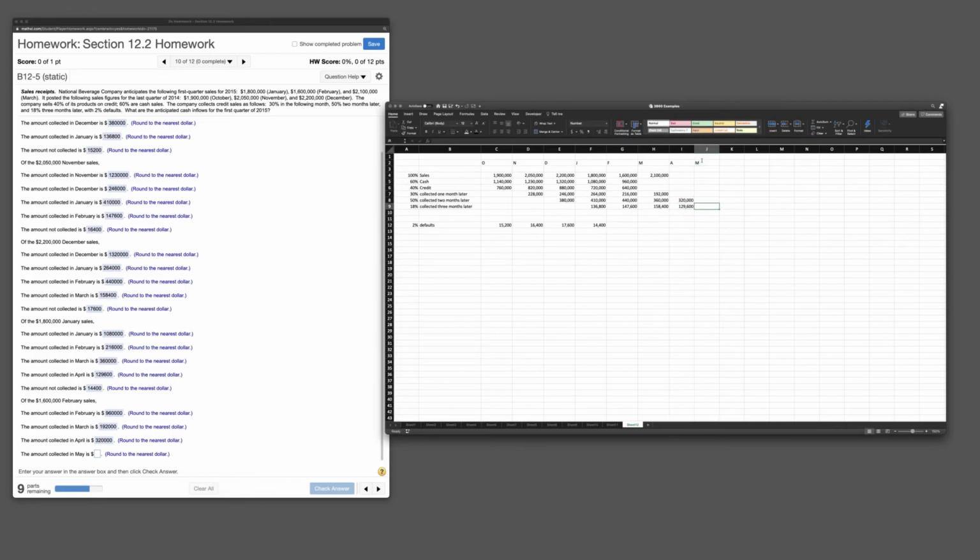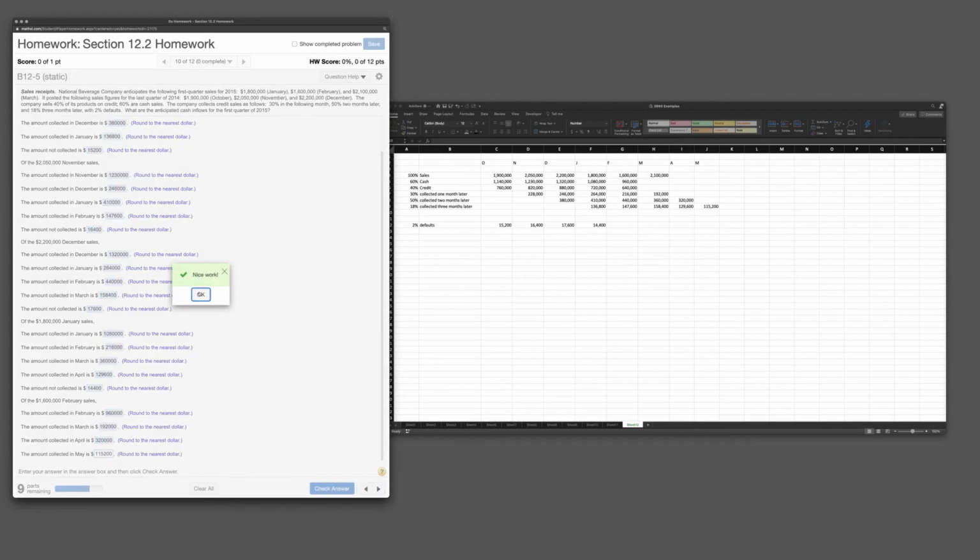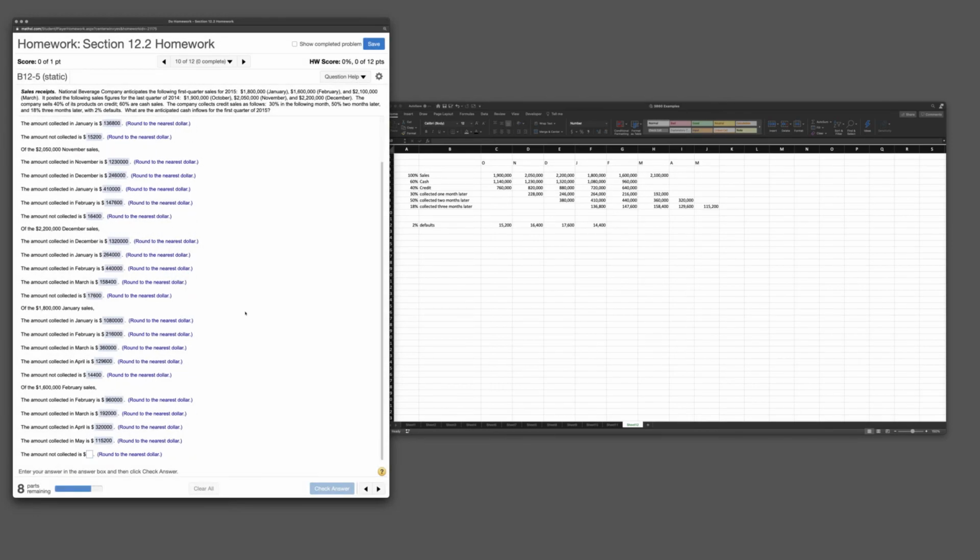So in May, that's 3 months from February, right? So we're going to take our credit sales and multiply 18% of that. So we know that we're going to get 115,200. And then finally, our default in February is going to be 2% of our credit sales.